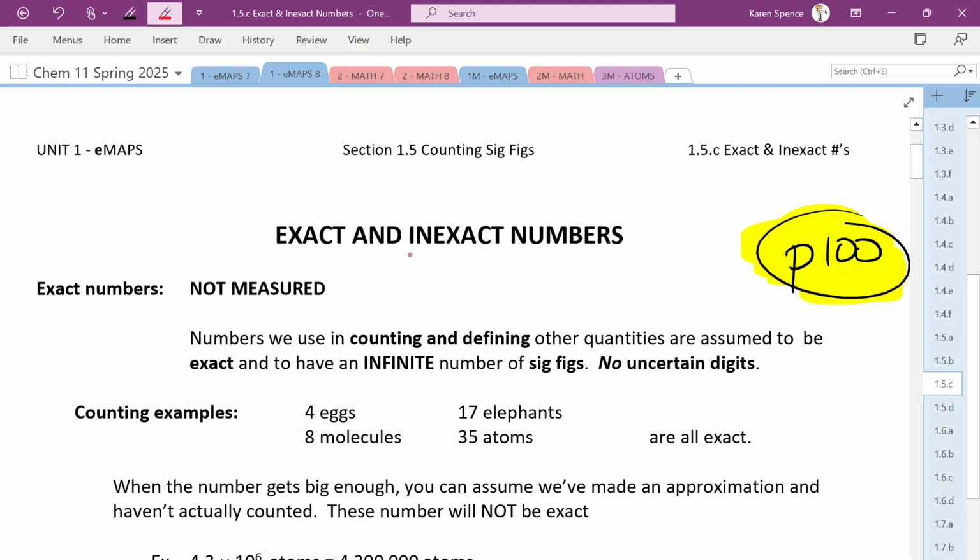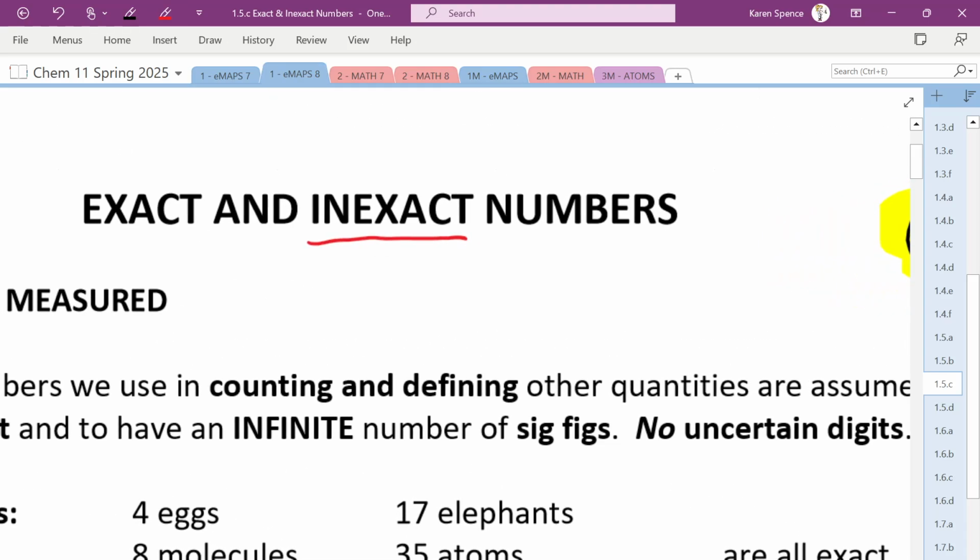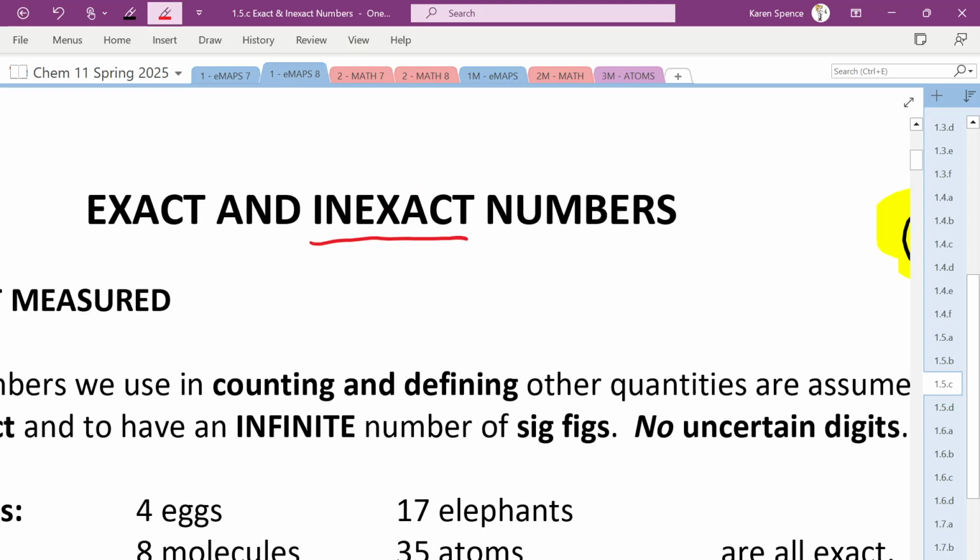All right. Up until this time, we have been looking at inexact numbers. These are things that inexact numbers are measurements. They are inexact because they have an uncertain digit.